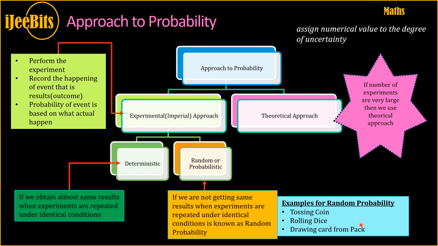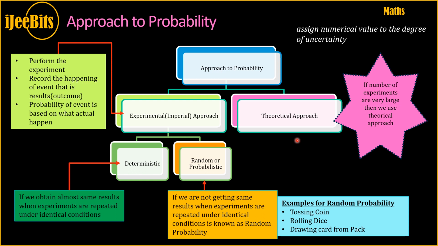When we have probability through the experimental approach, why would you need to study the theoretical approach? Interesting question, right? The simple answer is, if the number of experiments you are supposed to do is very large, then it is practically not possible to do the experiments.